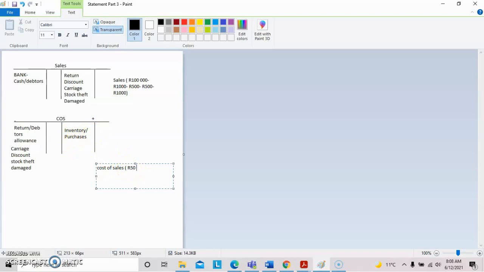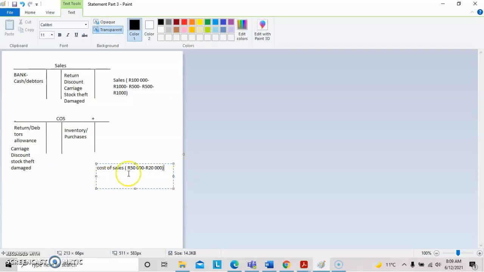So you put the 50,000 rand, which is this amount, inventory or purchases, right? And then from then on, you will minus everything that is on this side, right? Let's say everything was equal to maybe 20,000 rand, all these returns and things like that. And then the amount that you're getting will be put into your income statement.